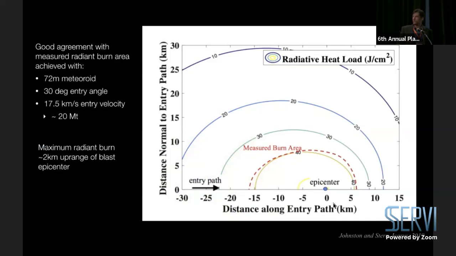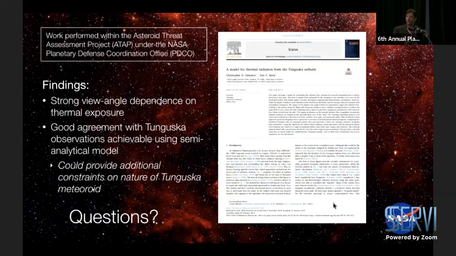Long story short, we're able to capture the observed charring area using this approach. In addition, we also get this slight uprange offset of the maximum burn area from where the blast epicenter was located. Obviously there's a lot that goes into this. There's a lot more detail in a recently published paper in Icarus, and I'd be happy to take any questions.